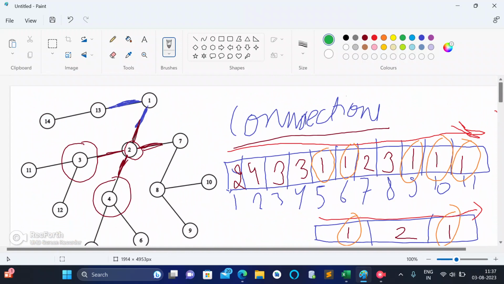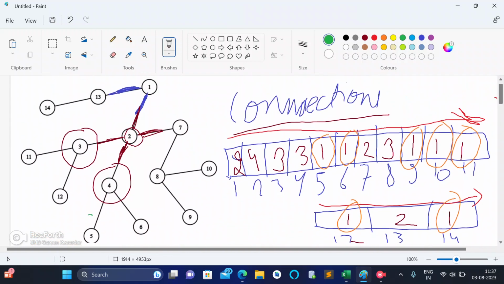So first we will go to 5. You can see in the graph that 5 is present in the lower section, marked with green. In the adjacency matrix of 5, only 4 will be present.